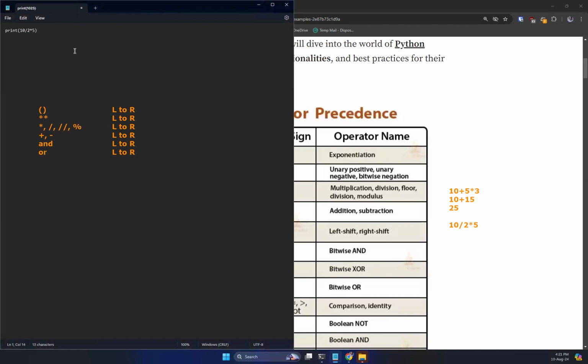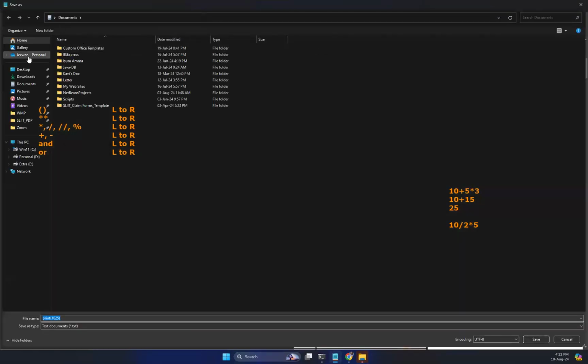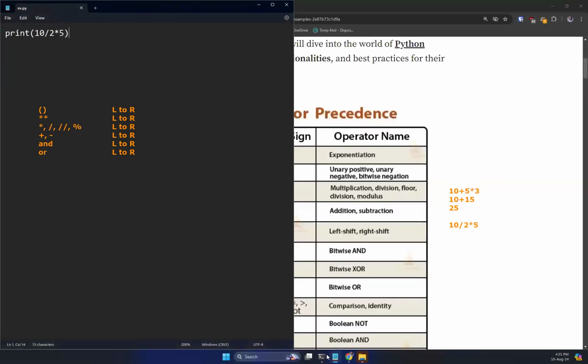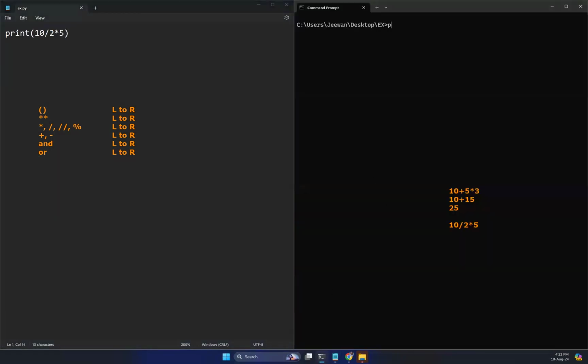File, save as. It gives me 25 as the answer. 10 divided by 2 into 5 gives me 25.